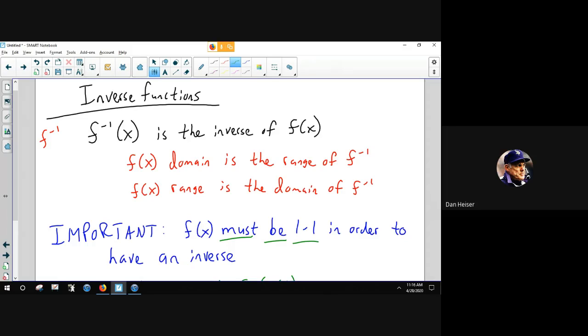The inverse sine of x has a lot of values that are undefined. It has a very limited range of numbers that you can plug into it. So you can make a non-one-to-one function have an inverse if you very, very tightly restrict what goes into that function. And that's something we will look at later on down the line.